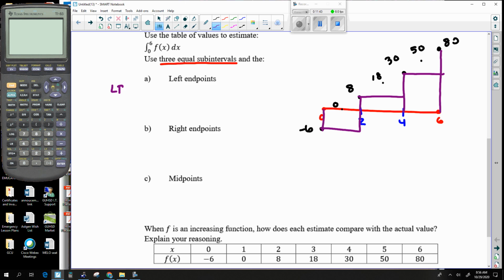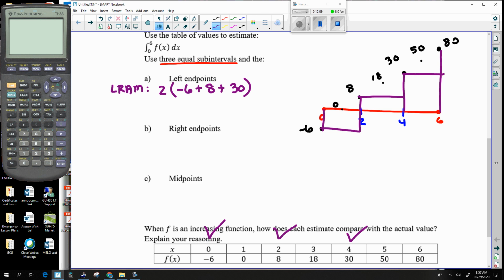So this is an LRAM. The left-hand sides are going to be at 0, 2, and 4. So we have bases of 2 and heights of negative 6, 8, and 30.